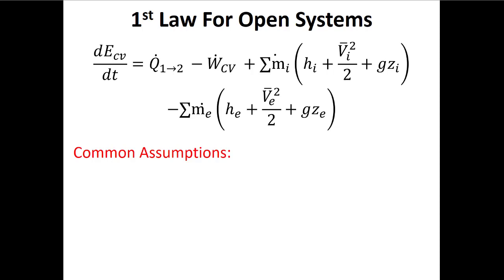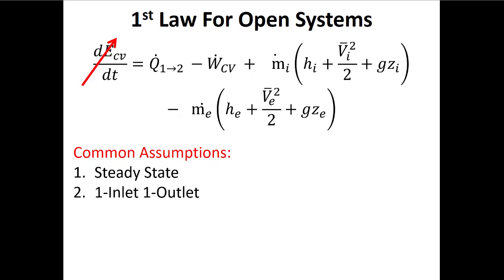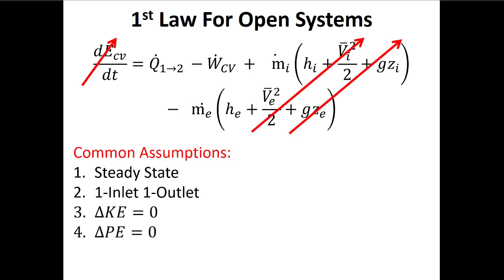When I'm trying to analyze one of these Rankine cycles, I look at each component. I do conservation of mass, although for this sort of basic four-component Rankine cycle, it's all steady state, all one inlet and one outlet. So there's only one mass flow rate for the whole problem. Common assumptions for the first law include steady state, one inlet, one outlet, neglecting changes in kinetic and potential energies.